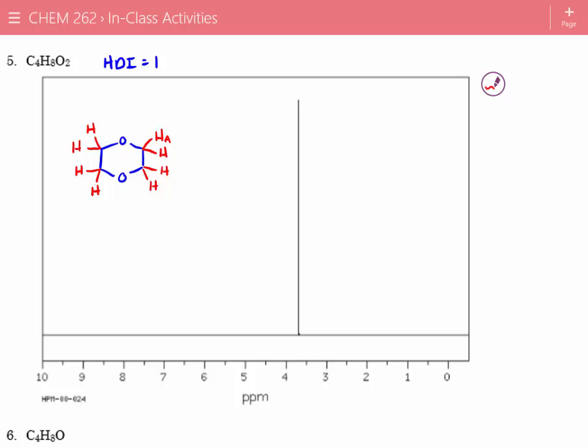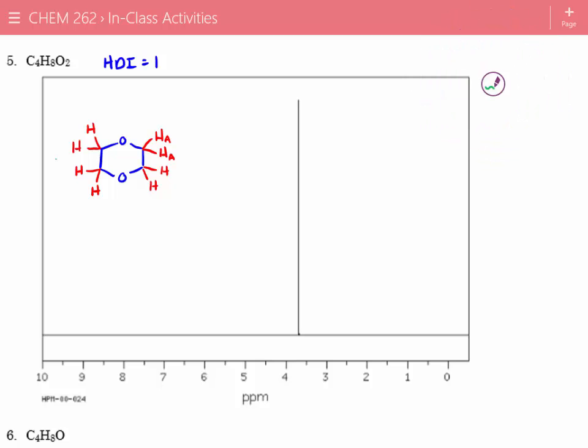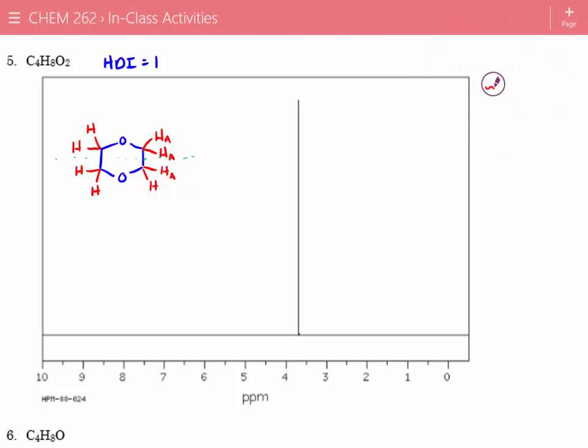The proton right next to it, coming off of the same carbon, is just in a different plane, but it's in the same chemical environment. So these are going to be the same. And then we also have a plane of symmetry going down the center of the molecule, which means the protons right below it are also in that same environment, meaning that they're right next to that oxygen too. They're just on the other side. So all of these are going to be HAs.